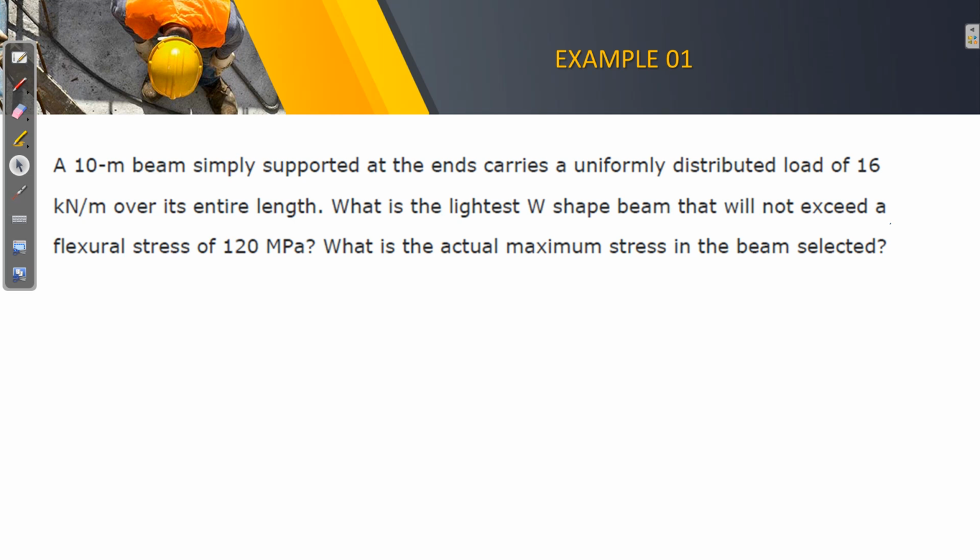A 10-meter beam simply supported at the ends carries a uniformly distributed load of 16 kilonewton per meter all over its entire length. What is the lightest W-shaped beam that will not exceed a flexural stress of 120 megapascal? What is the actual maximum stress in the beam selected?